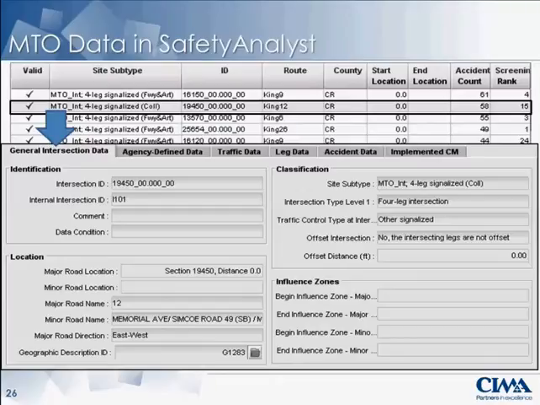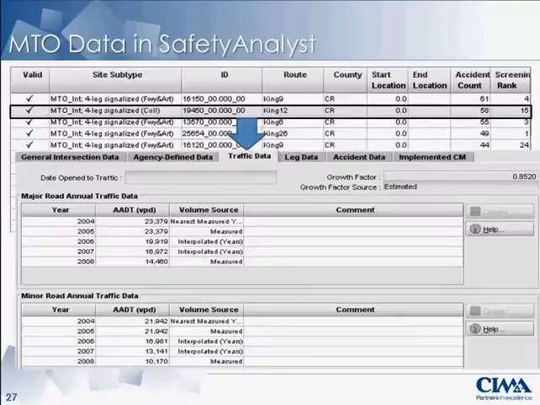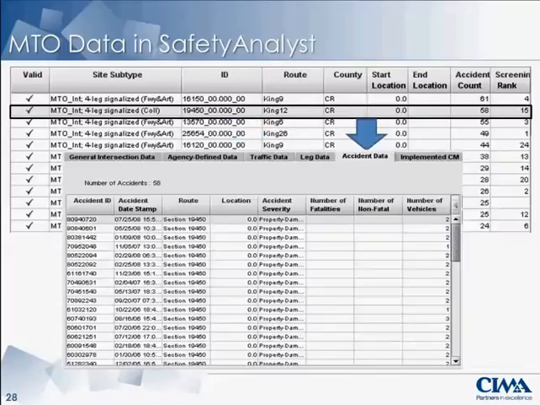And then you can look at your volume information, right? It's interesting, this location, in 2004 you had 23,000 vehicles per day, in 2008, 14,000. So, an interesting location for the major road. And you have the same information for the minor road, and all of it by one click.